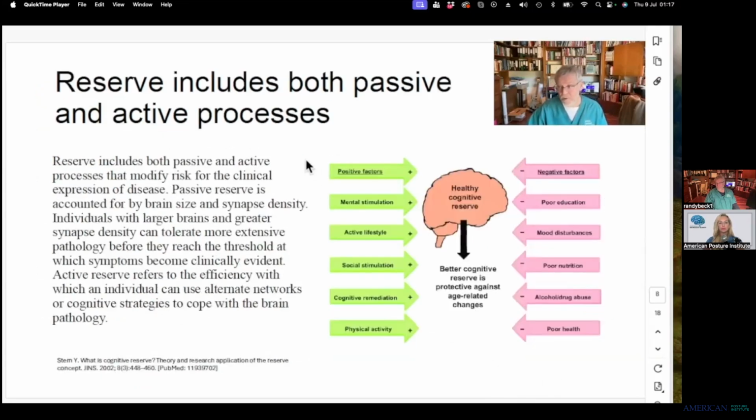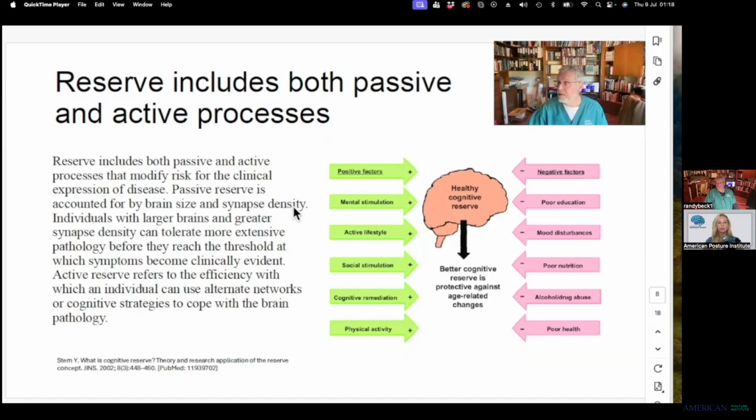So we've got to also remember that this cognitive reserve includes both passive and active processes. So let's talk about what this means. Passive reserve is accounted for by things like brain size and synaptic density, which are genetically determined or determined over life based on the activities that you've done.